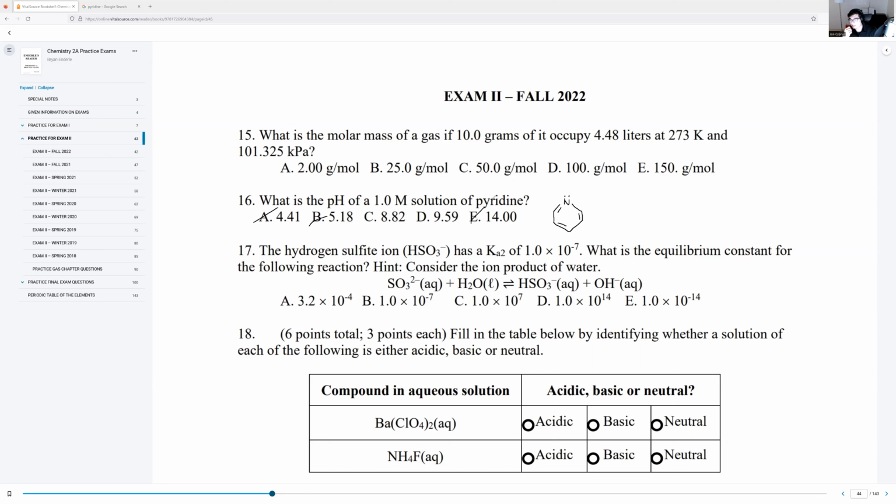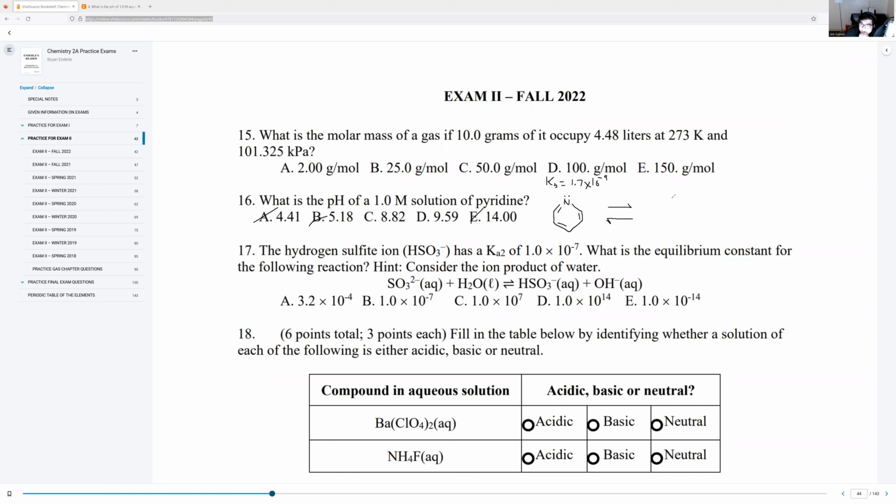So you should have the KB of pyridine somewhere when it's given. And so pyridine has a KB, I just looked it up, 1.7 times 10 to the negative 9, right? This will be given.